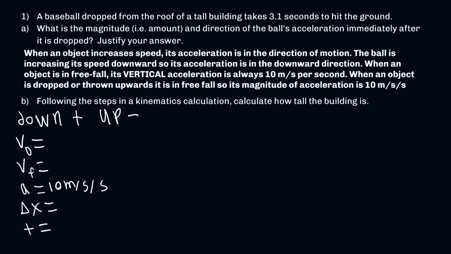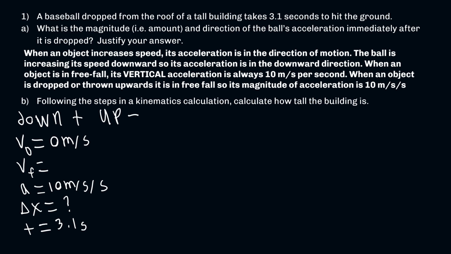So this means that my initial velocity is going to be 0 meters per second. My final velocity, I don't see that quite yet. My displacement, how tall the building is going to end up being, that is what I'm being told to calculate, so that's going to be my question mark. And then my time is given in the prompt here as 3.1 seconds.